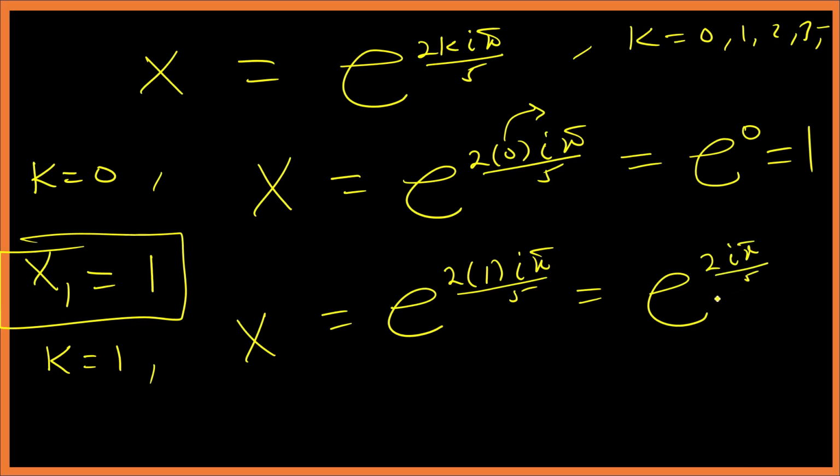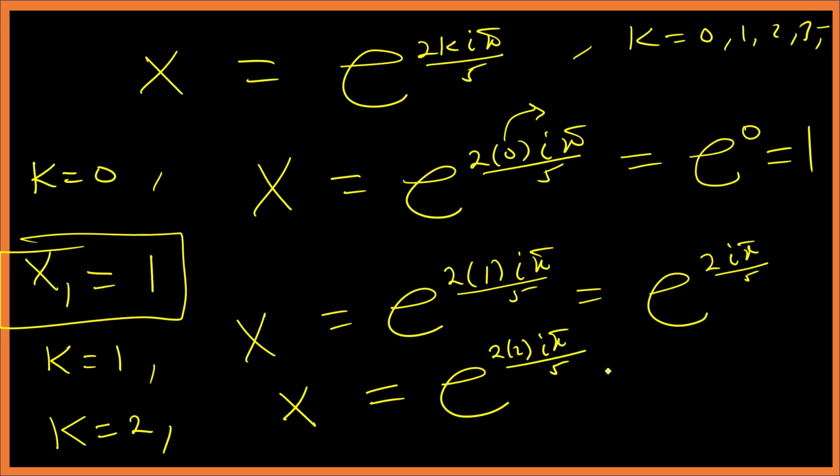So that's the second solution. When k equals 2, my x will be e raised to 2 times 2 i pi on 5. So we have 4 i pi on 5. So that's the third solution.